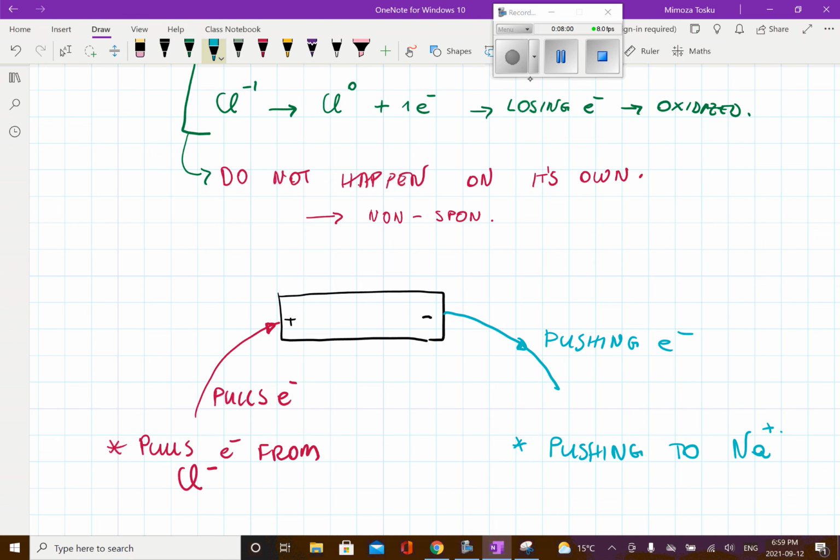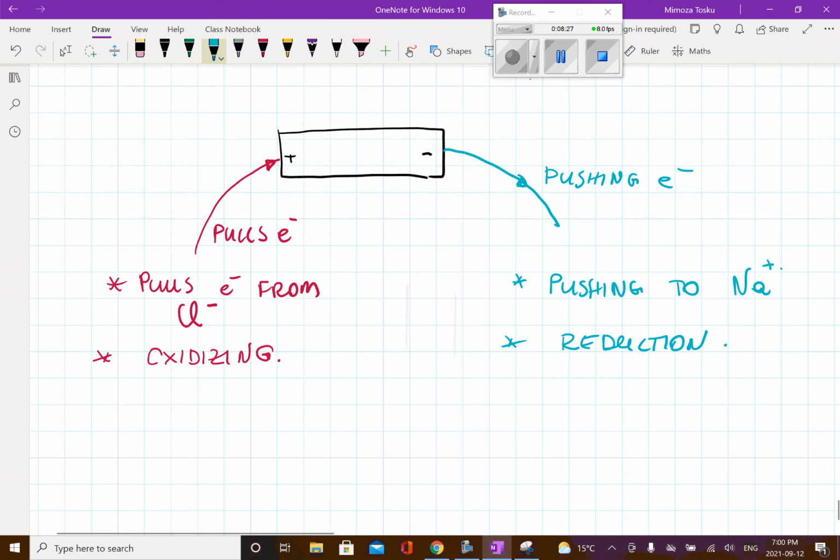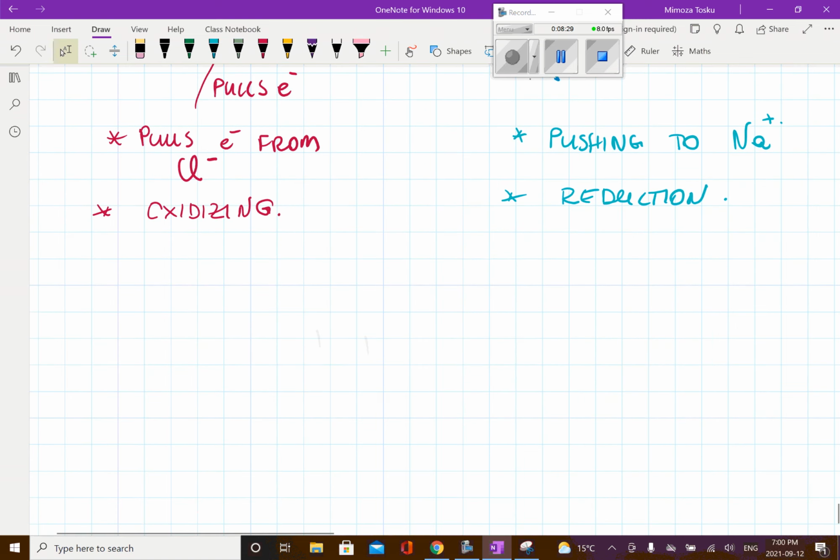In this case, the chloride is oxidized, and the sodium ion is reduced. Reduction.